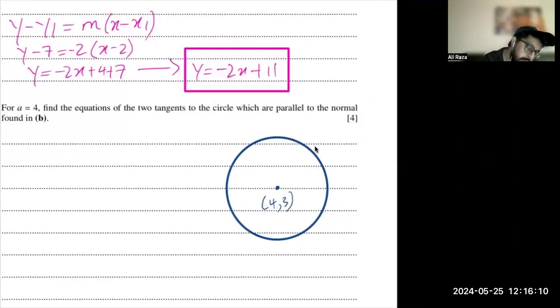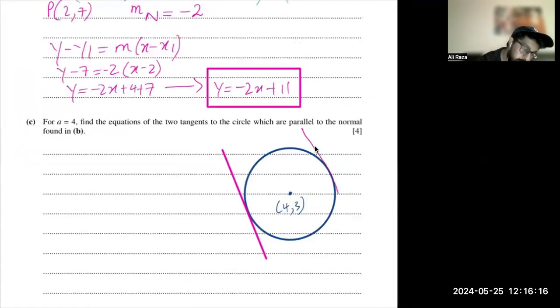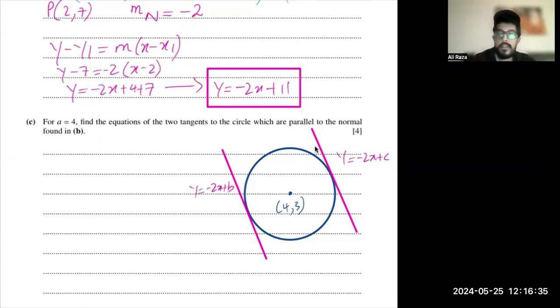So the two lines of the tangents should be with the gradient minus 2. These are the two possible lines.